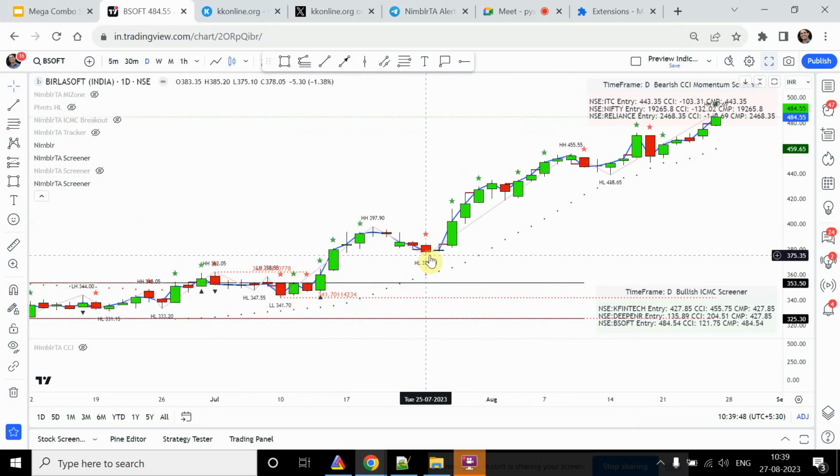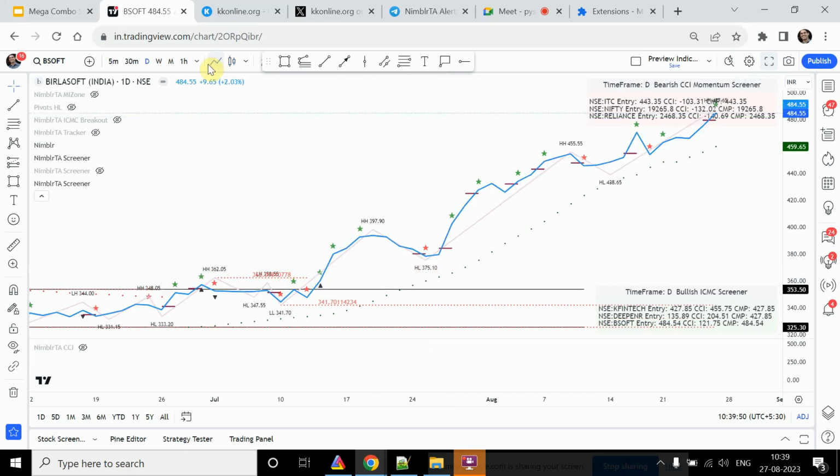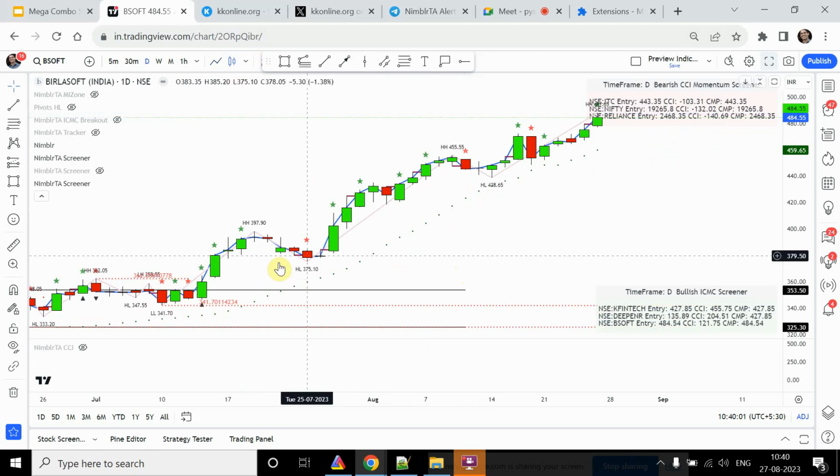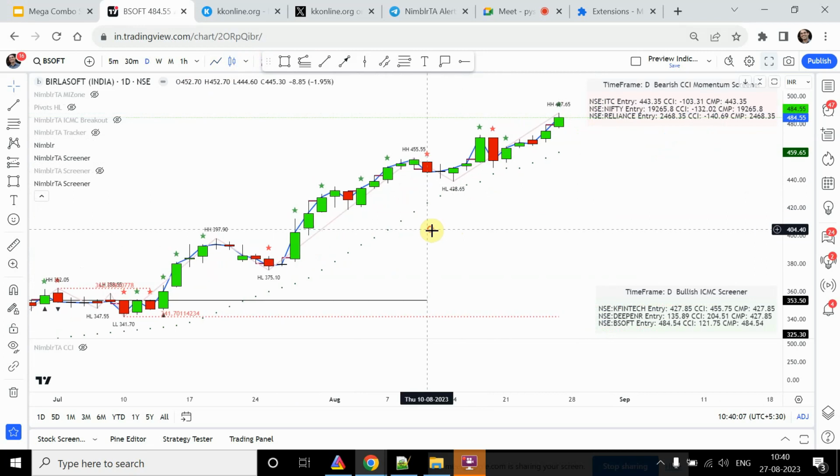So 375 is the higher low which was formed over here, and 362 is the previous swing high value. So we see that there's a gap over here, so it becomes a no overlap. Also, this view is available and faintly visible in this line chart, and we could easily flow with it.